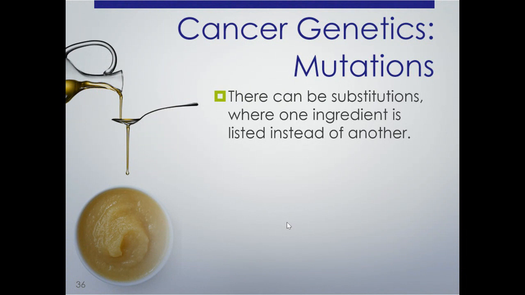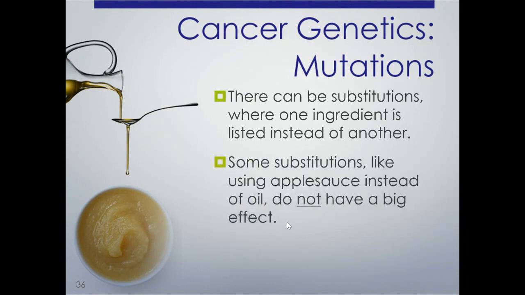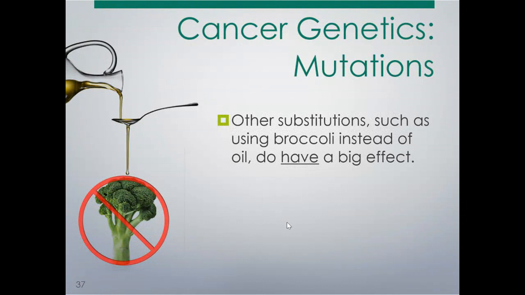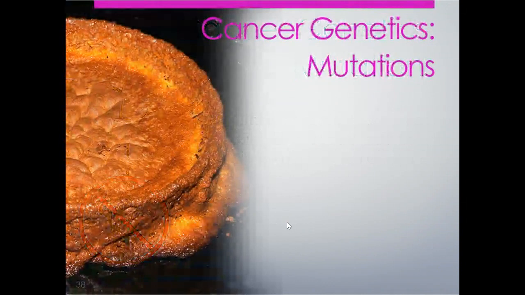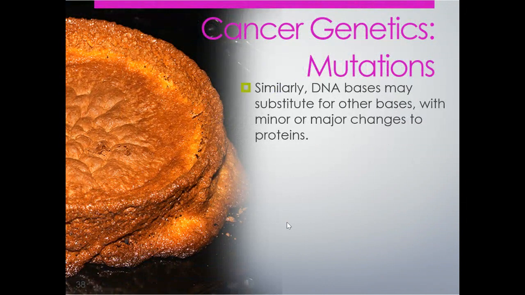One substitution you can make is substituting applesauce for oil. This will not have a big effect on the cake. The cake will still come out, have good taste, have good flavor, just be lower in fat. So not a big deal in terms of a cancer mutation. However, with other substitutions, think if I use broccoli instead of oil, this will have a huge effect on the outcome of the cake, right? It's going to fail. Similarly, DNA bases may substitute for other bases, and the result could be minor or major.